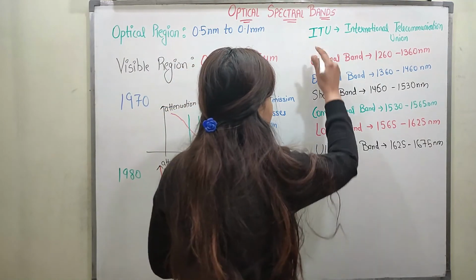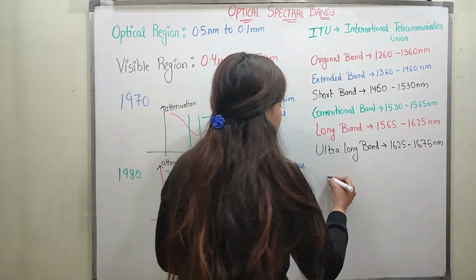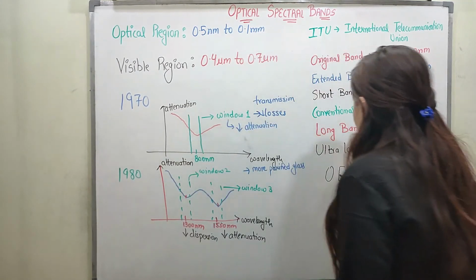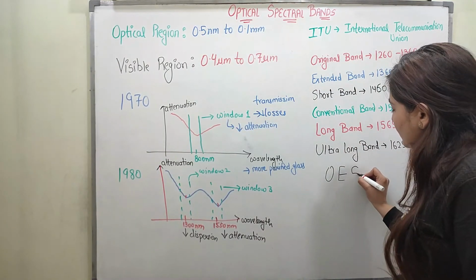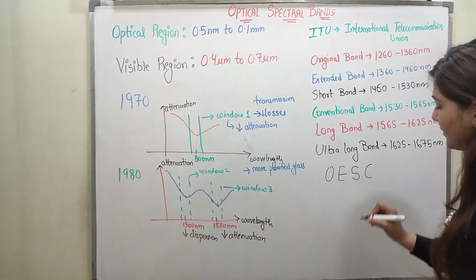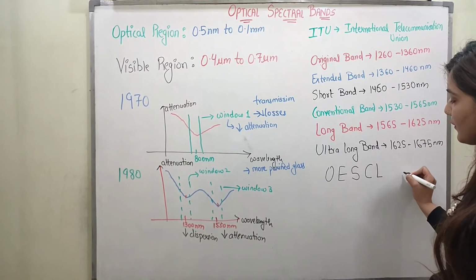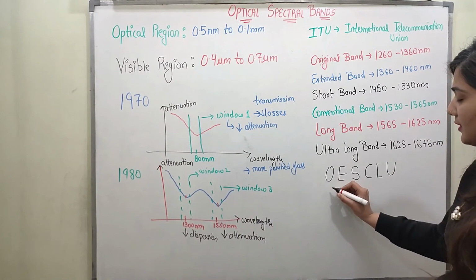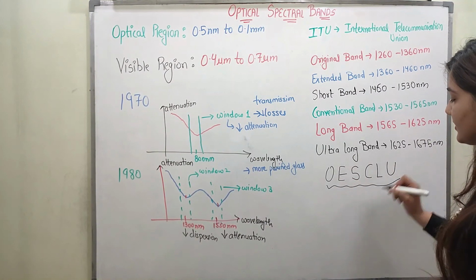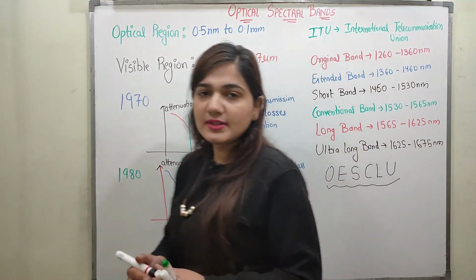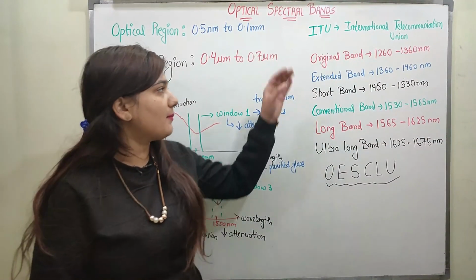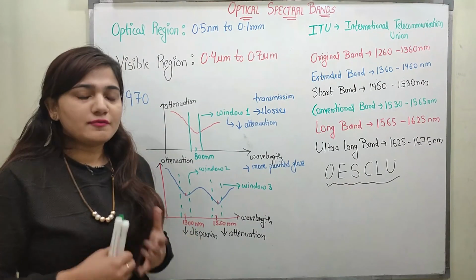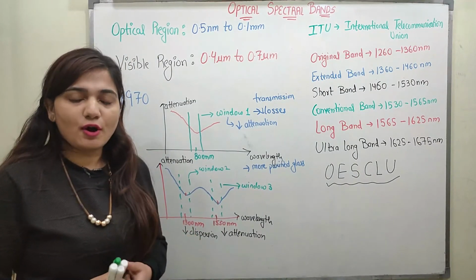We can remember them with the help of initials: for original we write O, for extended E, for short S, for conventional C, for long L, and for ultra long U. So we can remember it as OESCLU, and this is how you can remember all of the bands specified by the ITU for optical spectral communication.